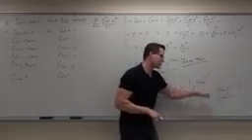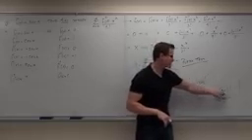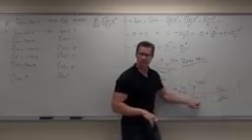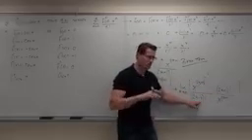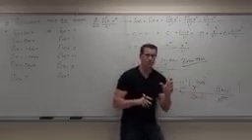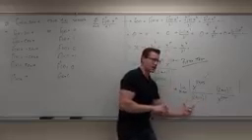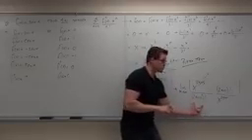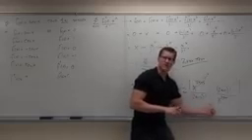Now, this one's a little weird. We got factorials. We've done this only one time before. If this is 2k plus 1 factorial, this is 2k plus 3 factorial, think about this for a second. 2k plus 3 factorial means, listen carefully, I'm not going to write it again, 2k plus 3 times 2k plus 2 times 2k plus 1 times everything below it.